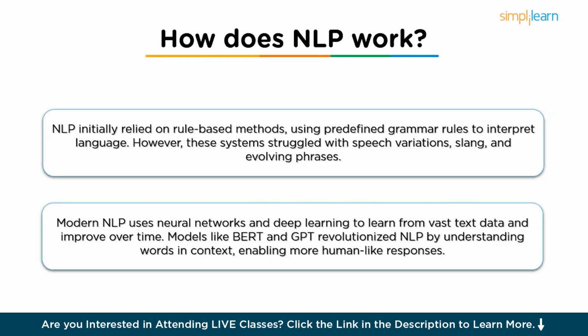Models like BERT, which stands for Bidirectional Encoder Representations from Transformers, and GPT, which stands for Generative Pre-trained Transformer, have revolutionized NLP by enabling machines to understand words in context rather than just individually. These models are trained on massive datasets, including books, articles, and conversations, helping them generate responses that sound much more human-like.